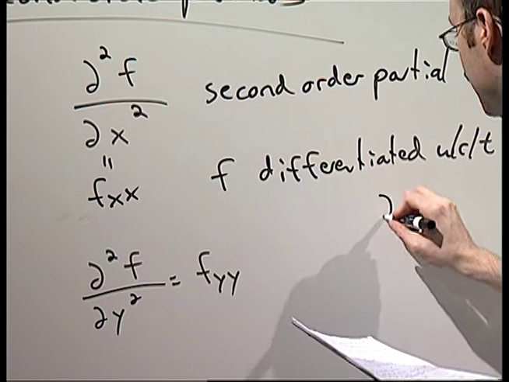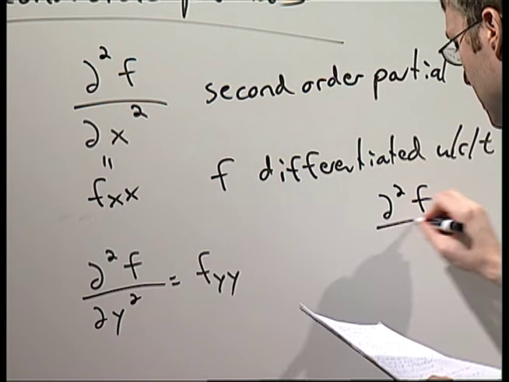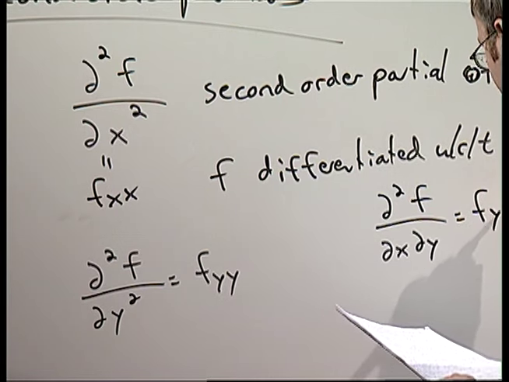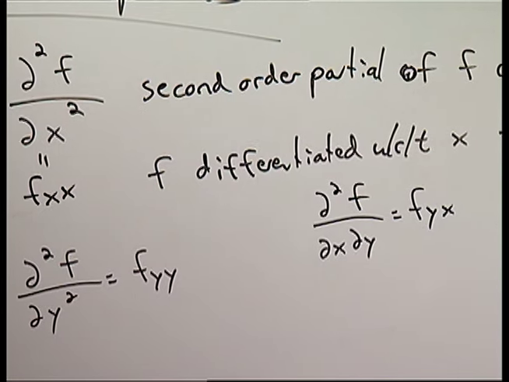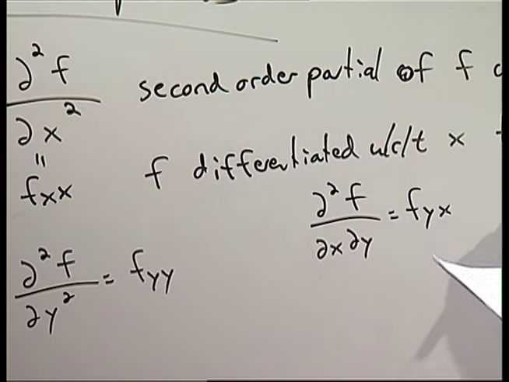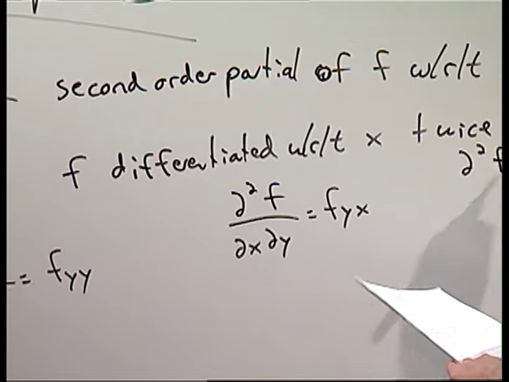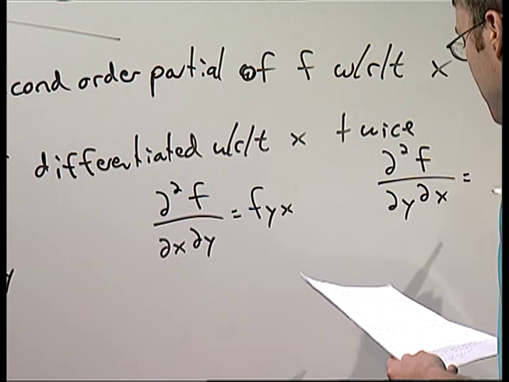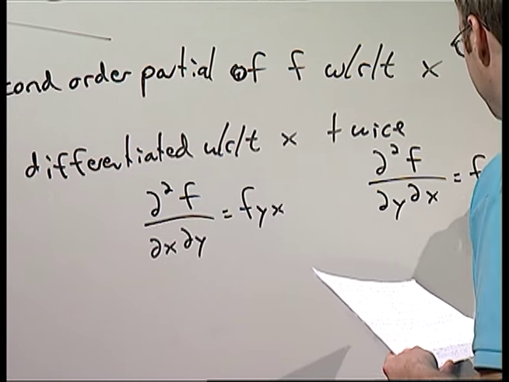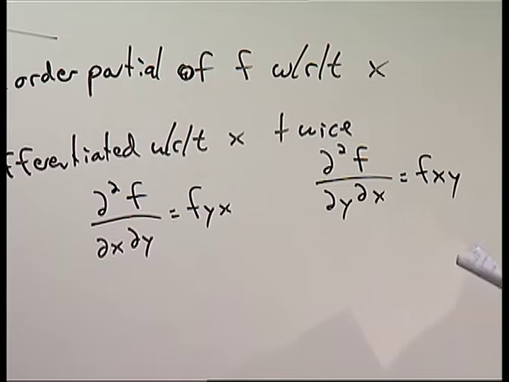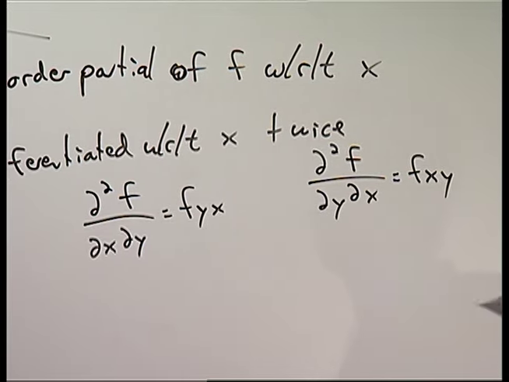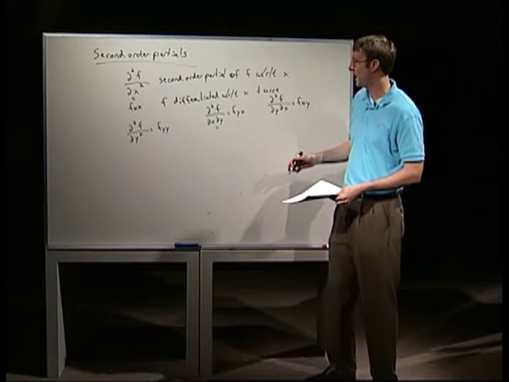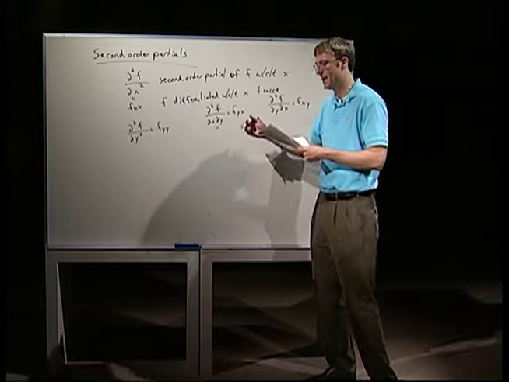Or you could have some mixed partials. You could have partial x, partial y, f sub yx, and you could also have partial y, partial x, which is f sub xy. And this is not literally multiplication of operators, but take a look and see.